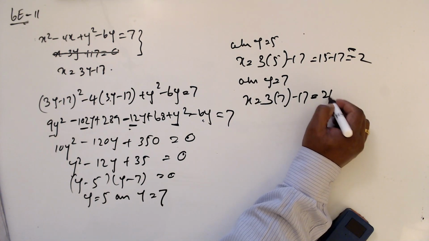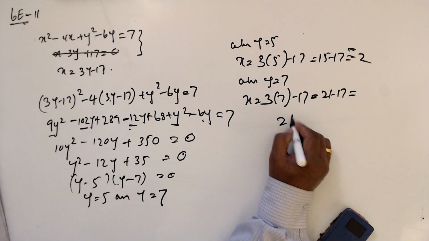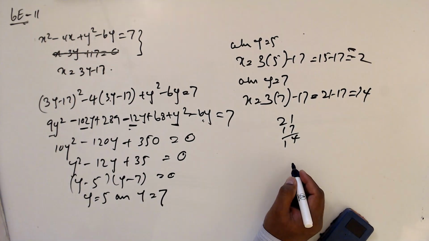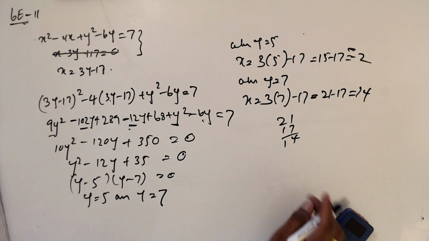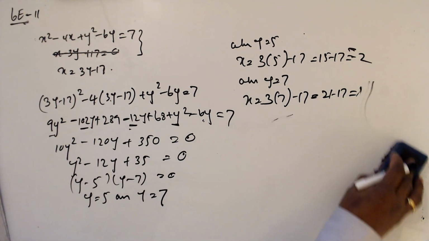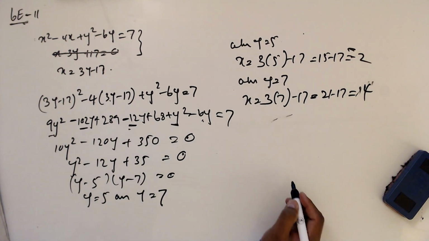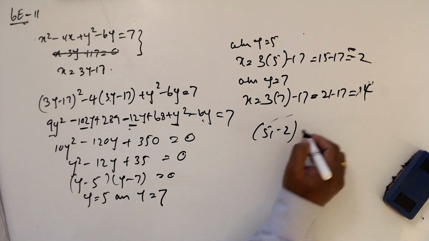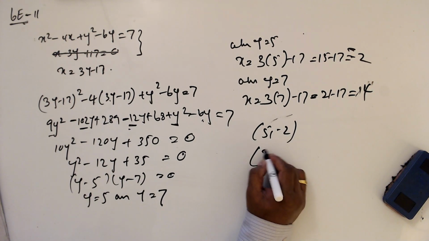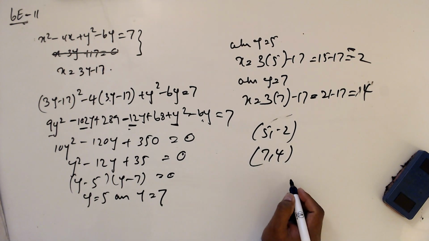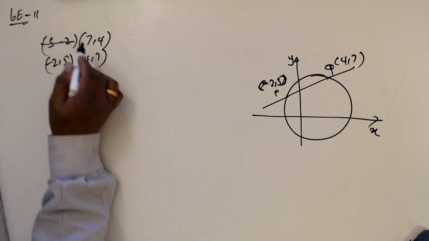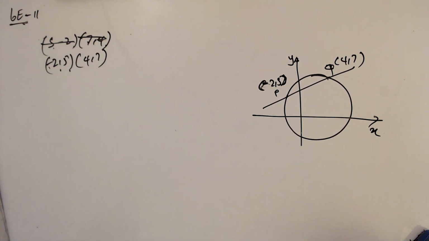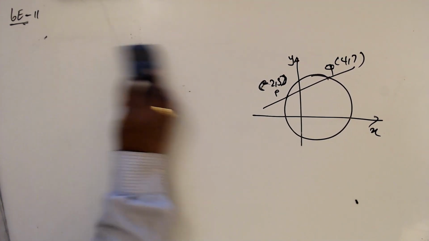So 21 minus 17, 4. So the coordinate is minus 2, 5 and 4, 7. So I mark on the line.